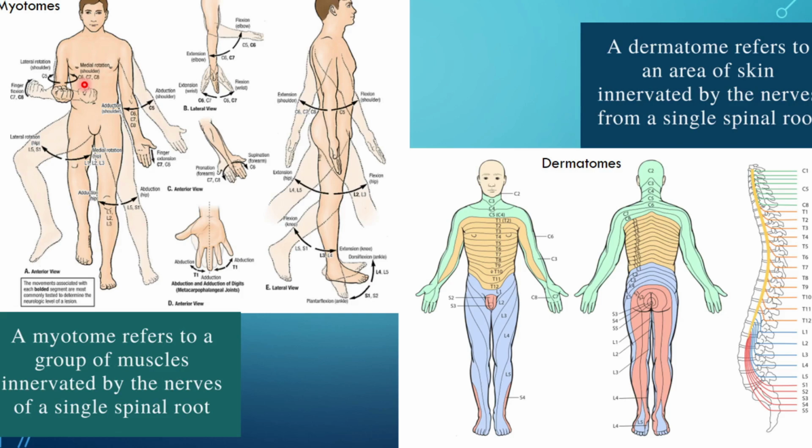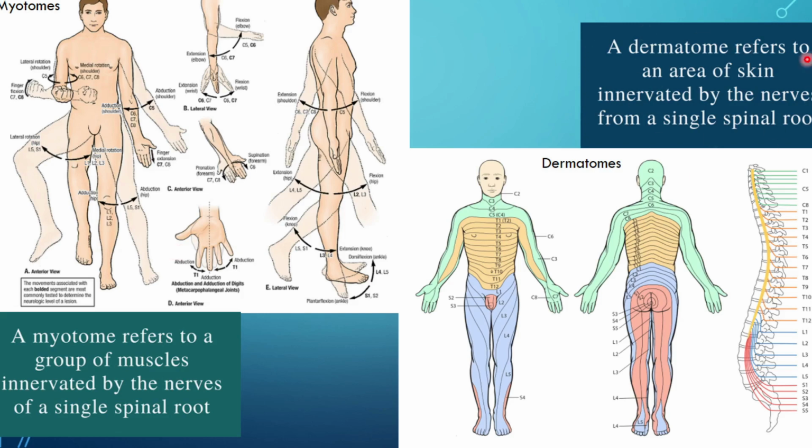So for example, I was talking about hand movement then, wasn't I? Moving your fingers here, so opening and closing your hand, for example, that is brought about by T1. So the myotome for finger movement in that case would be T1.